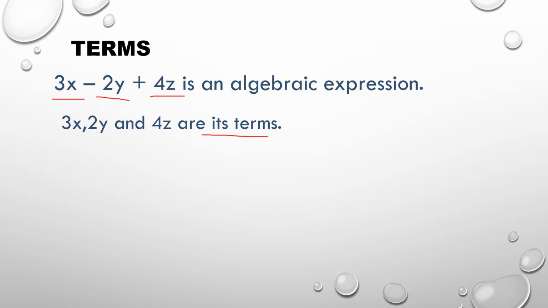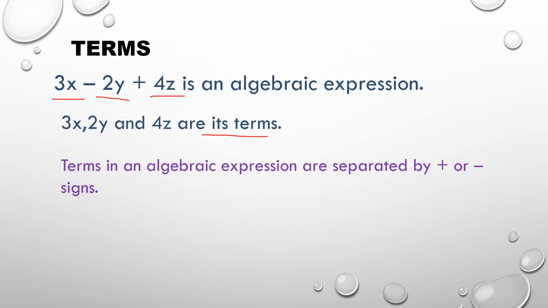Terms in algebraic expressions are separated by plus or minus sign. Now see here, 3x is the first term, 2y is the second term, and 4z is the third term.